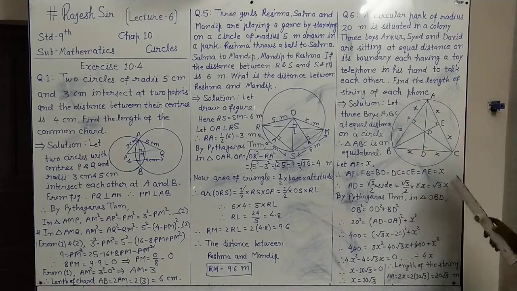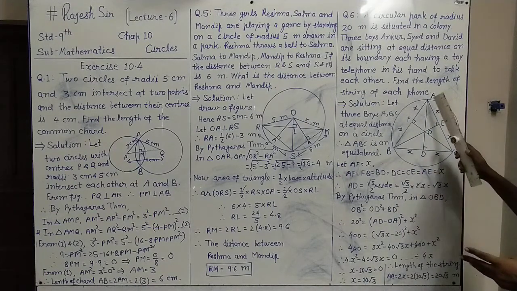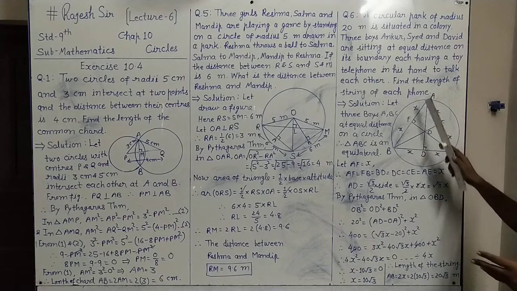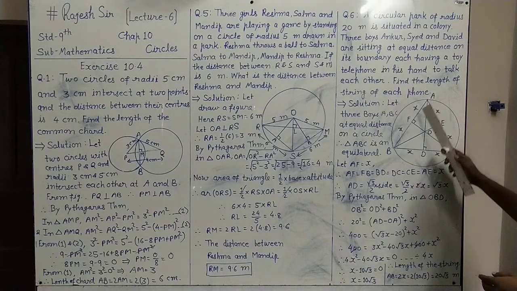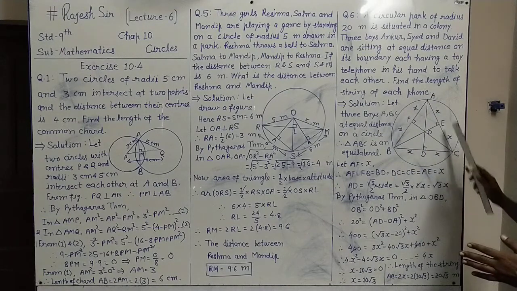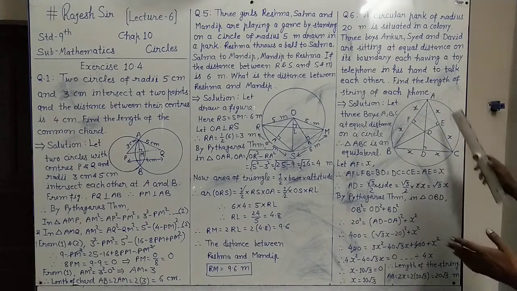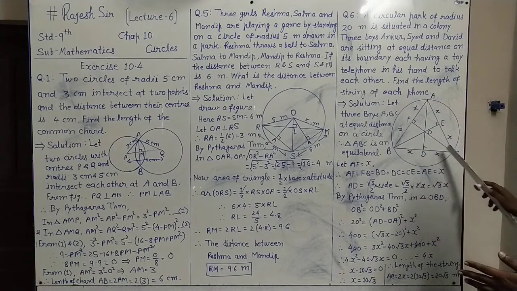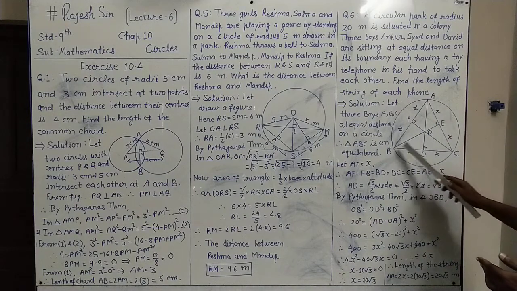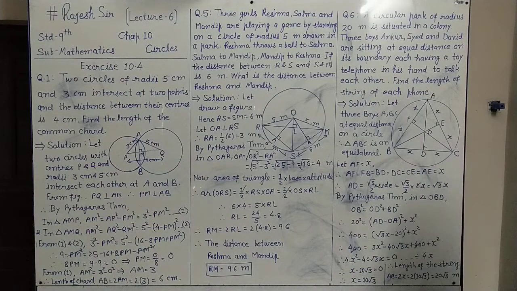Like the three boys are A, B, C, sitting on the boundary in such a way that the distances between them are equal. So AB equals BC equals AC, so triangle ABC is an equilateral triangle here. What do we want to find out here?